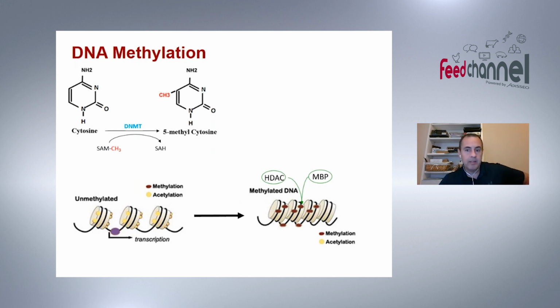So at the end of the day, methylation reactions can control to some extent protein synthesis by controlling at the level of transcription, and this leads to what we call gene silencing. Okay? So that's one aspect of one-carbon metabolism.